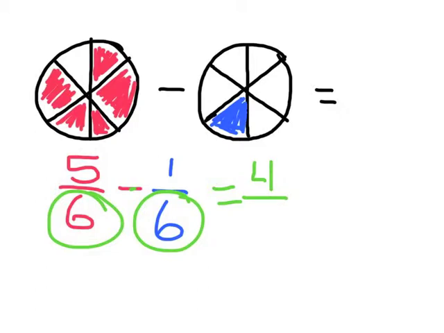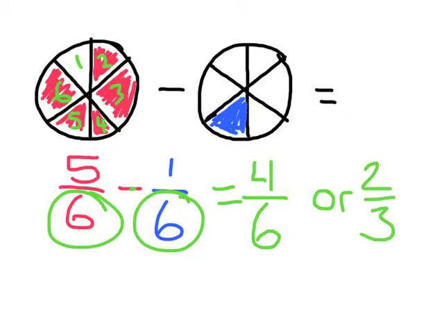The 6's refer to the fact that there are 1, 2, 3, 4, 5, 6 pieces. So now we have 5 minus 1 is 4 pieces out of 6. And if you were to simplify that, that would be 2/3.